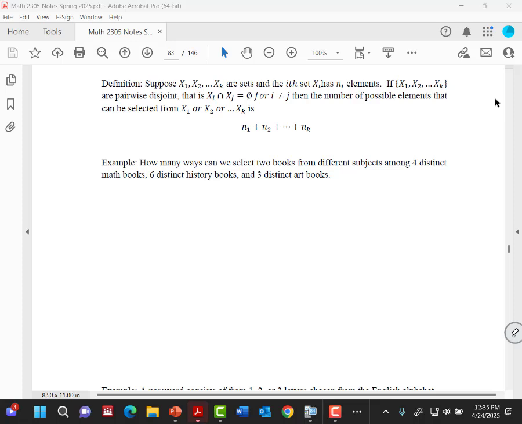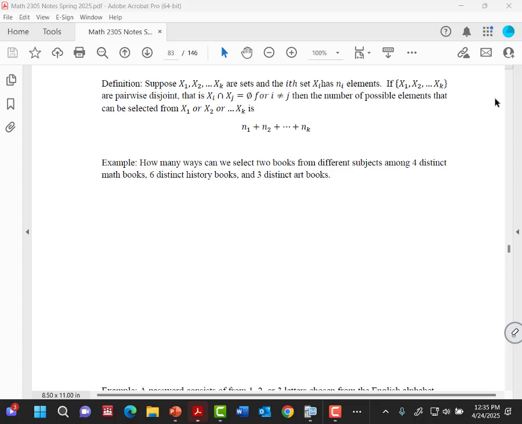If x1 to xk are pairwise disjoint, what pairwise disjoint means is that every intersection of two different sets is the empty set. So x1 has nothing in common with x2, nothing in common with x3, nothing in common with xk. Then the number of possible elements that can be selected from x1 or x2 or xk is simply n1 plus n2 all the way out to nk.